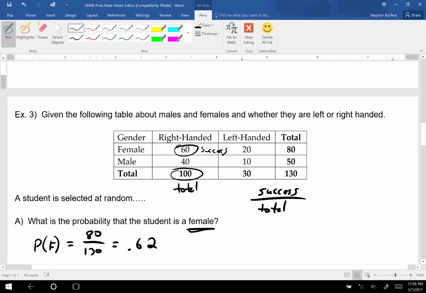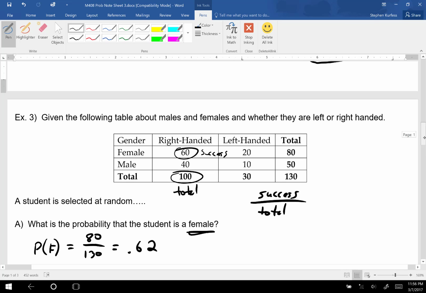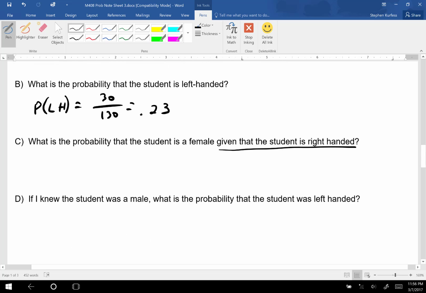So the probability is 60 over 100. So the probability that the student is female, given that the student is right-handed, we said is 60 over 100, okay, which is 0.6.